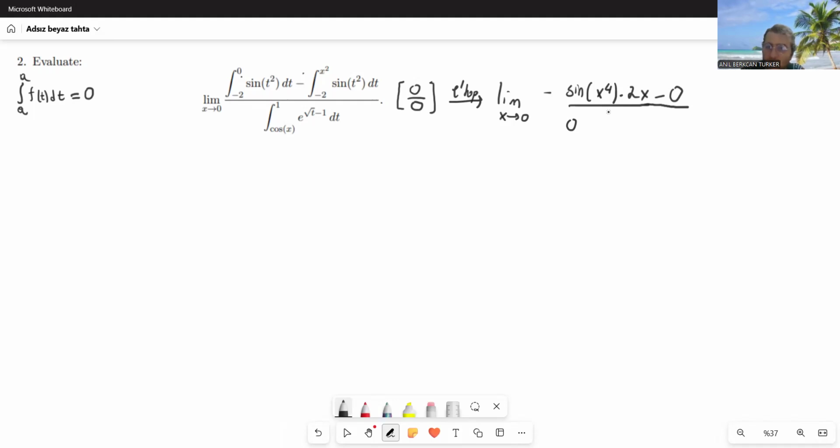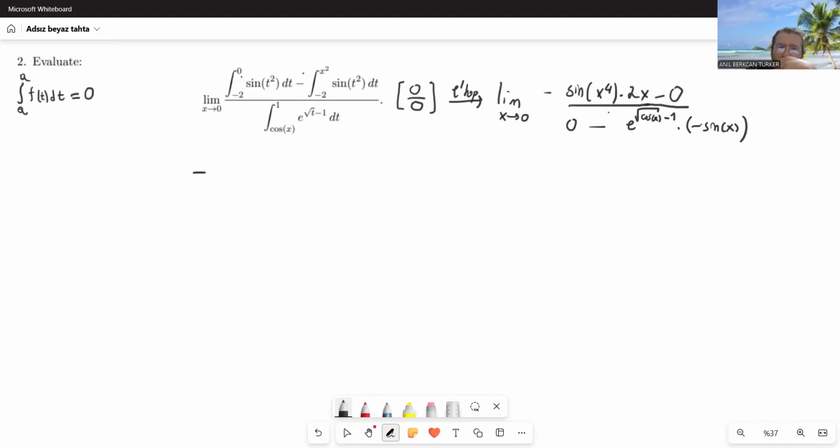Cosine x is the second boundary, so minus e to the power square root of cosine x minus 1, and dot the derivative of the boundary. What is the derivative of the boundary? Minus sine x. So dot minus sine x.